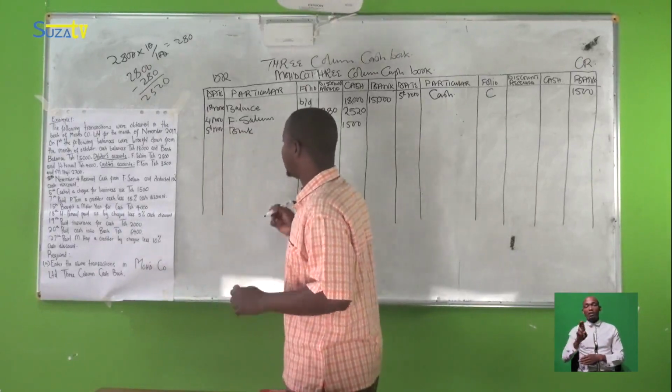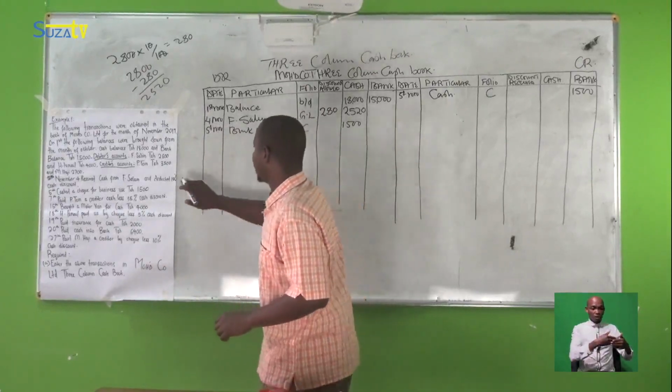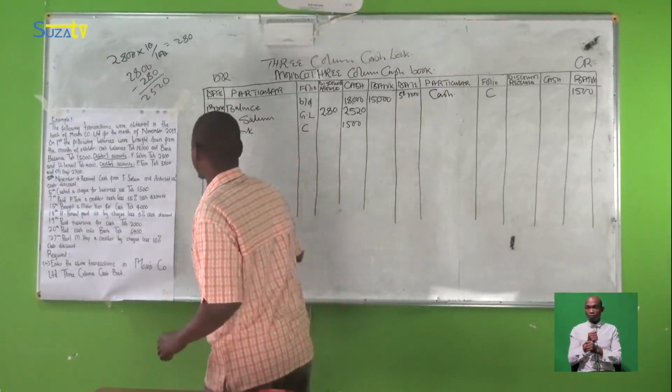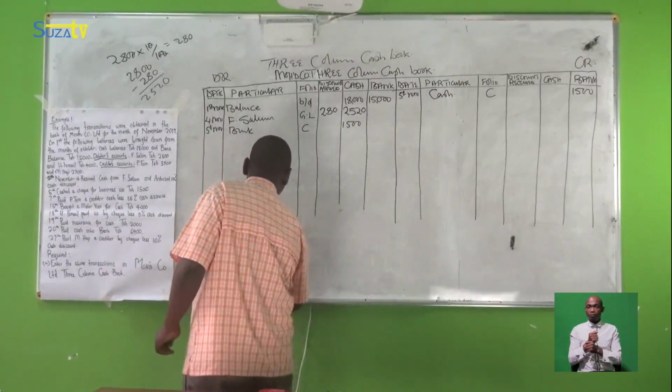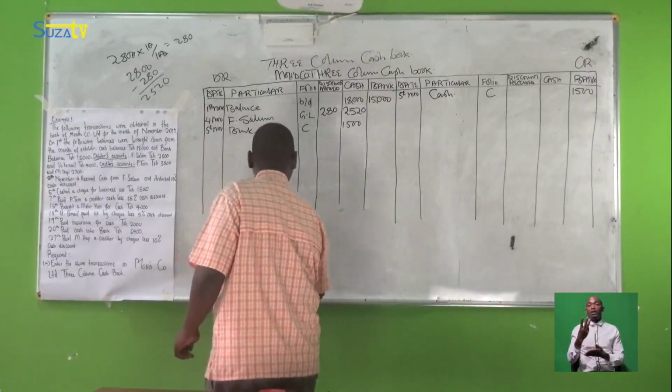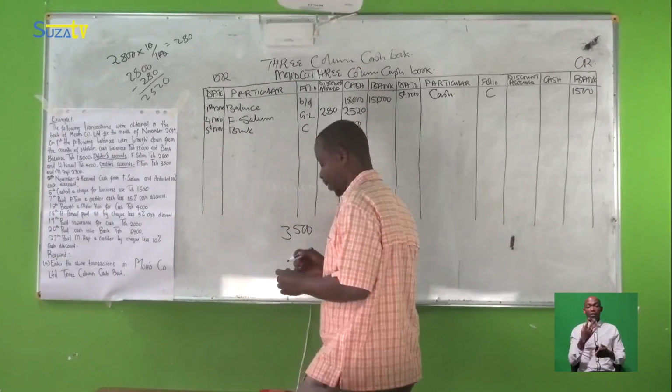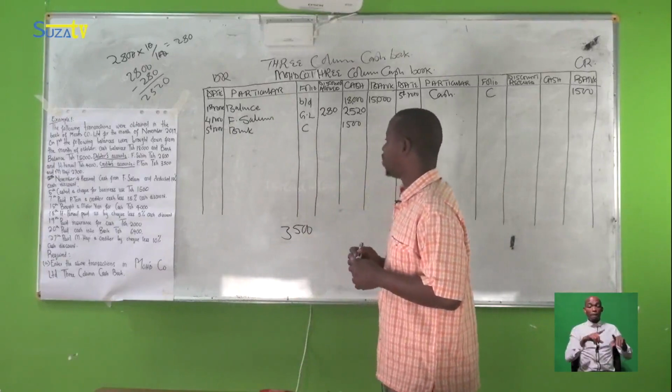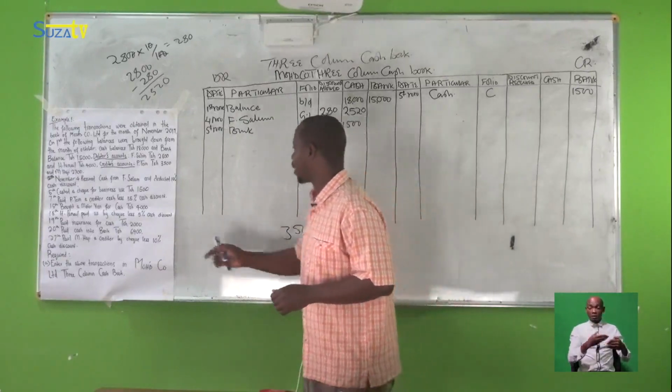How much did the business owe? The business wanted to be paid 3,500. But the business received a discount.